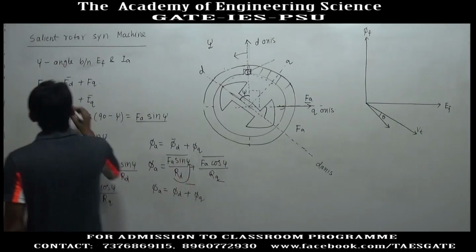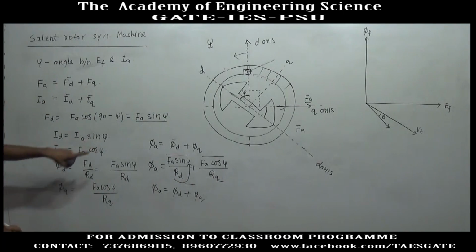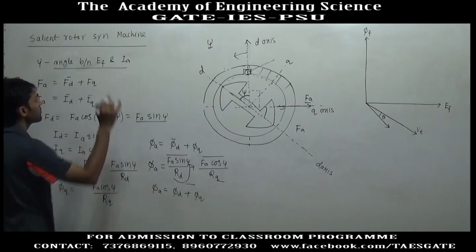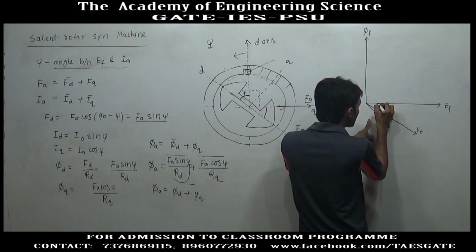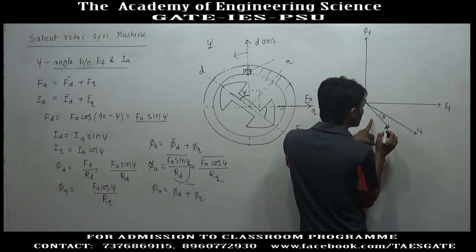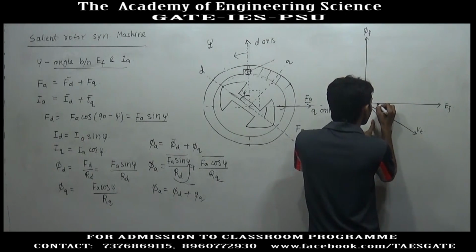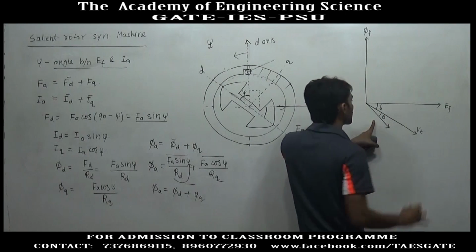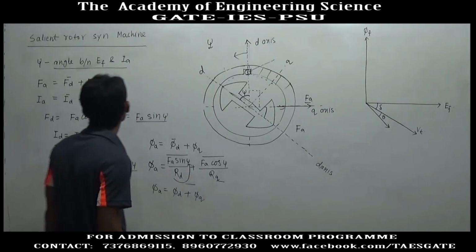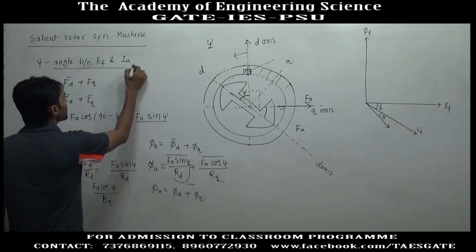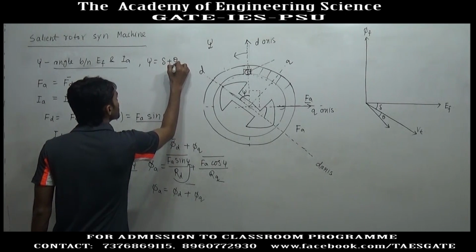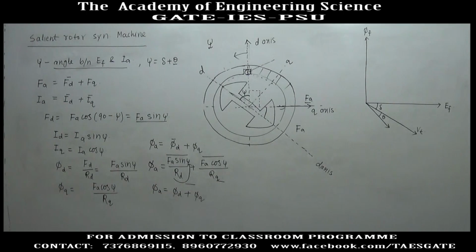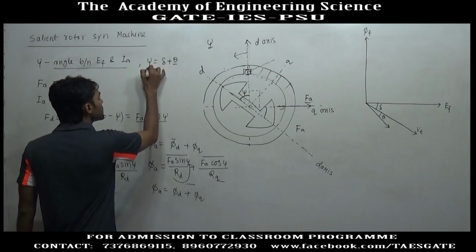but the psi we have to use in this relation is the angle between EF and IA. So this is the direction of IA. So psi will be the angle between EF and IA, and we already know that the angle between VT and EF is called load angle, power angle or torque angle. So in all these relations, psi is equal to delta plus theta, where theta is the power factor angle of load, and this is the internal power factor angle.